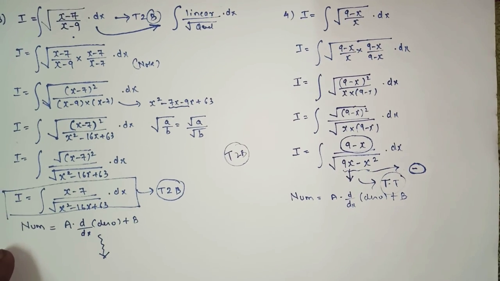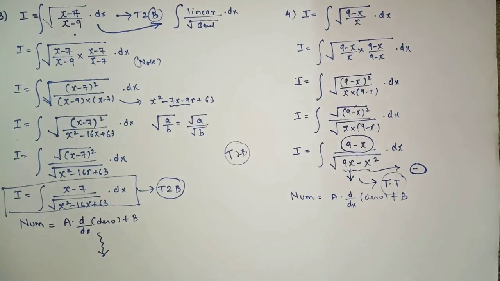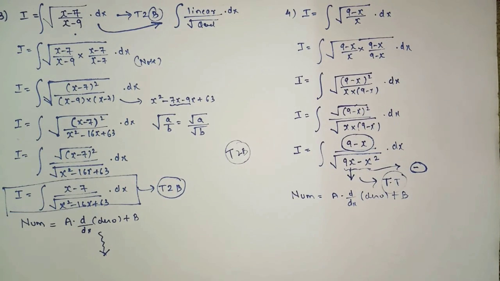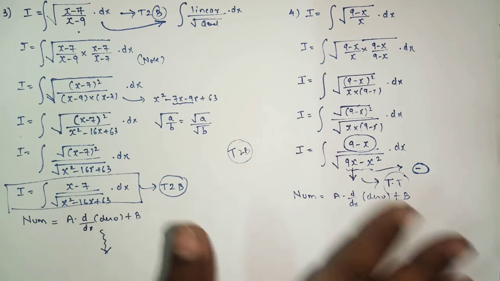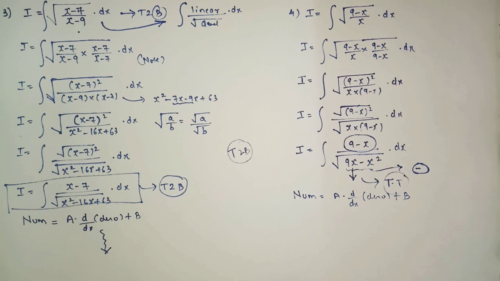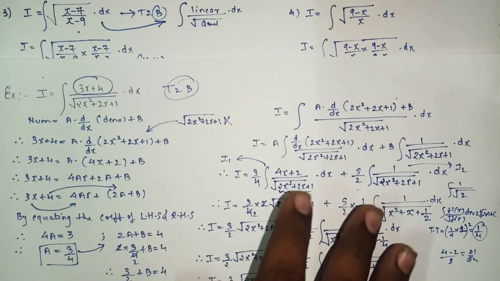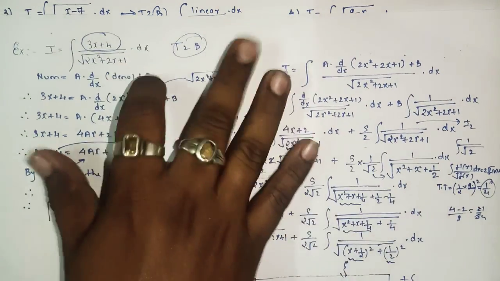I hope you all understood all the sums based on type number 2b. So please try the remaining section by yourself. These two sums are actually in the exercise. Now we have covered all the sums based on type number 2b.